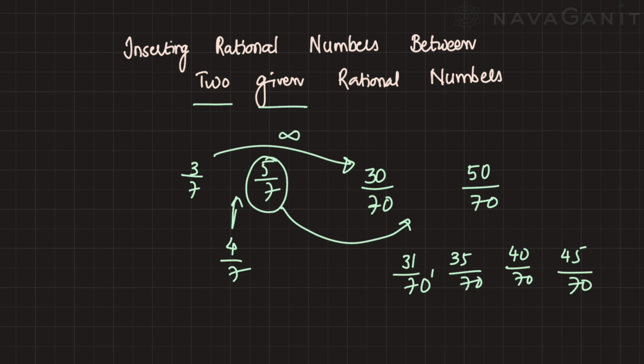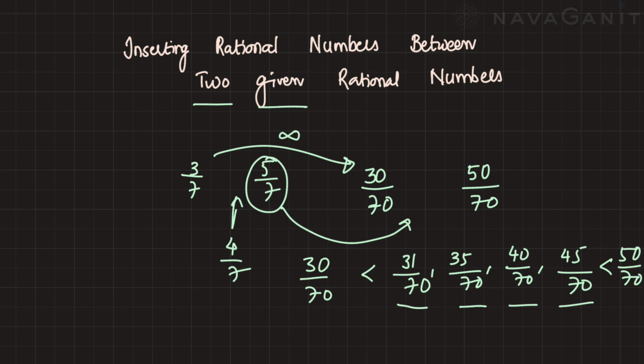Now as you can see, all these rational numbers lie between 30 upon 70 and 50 upon 70. So you can simplify these fractions further if required, but I would like you to understand that there are infinite rational numbers between any two given rational numbers.